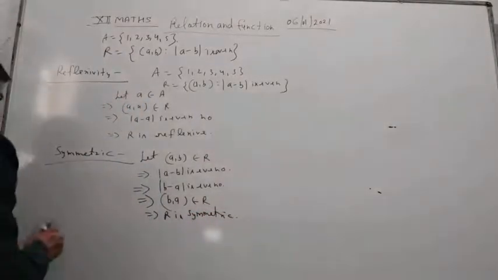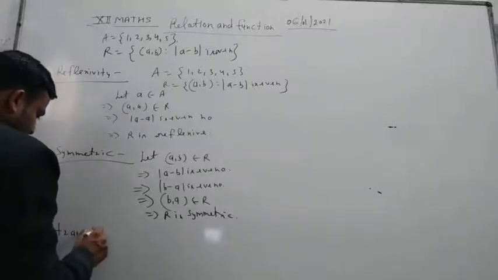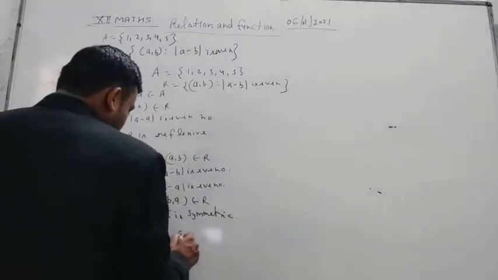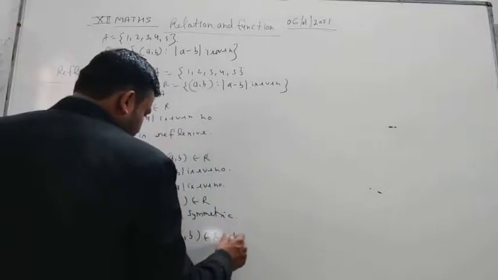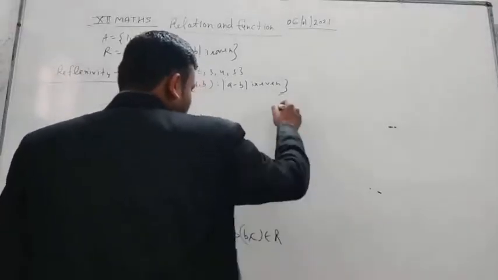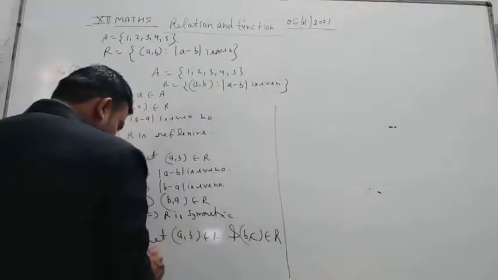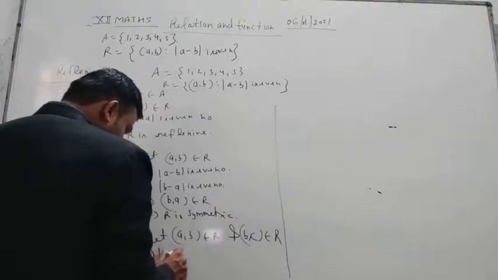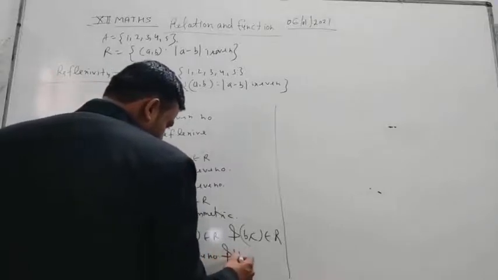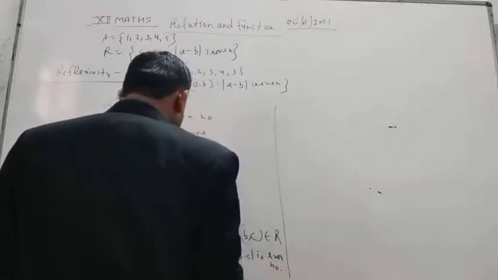Now we have to prove that R is transitive. So we take (a, b) belongs to R and (b, c) belongs to R. If we suppose (a, b) belongs to R, we write a - b is an even number and b - c is an even number.